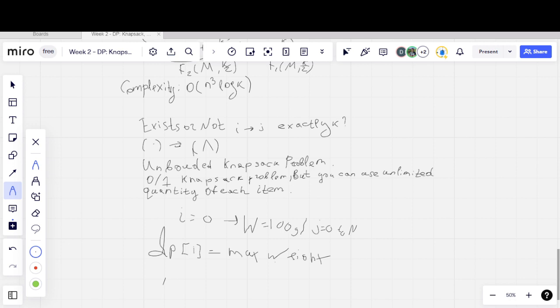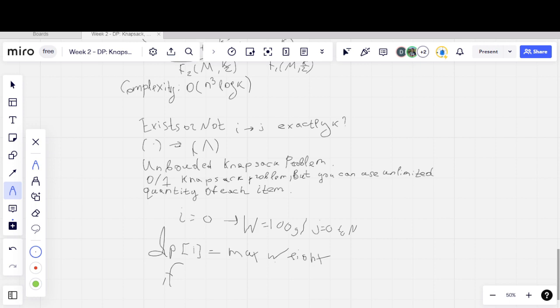We'd also need, how do I erase? Because we will need another array. We need another array that collects the combination of items, the number of items specifically.